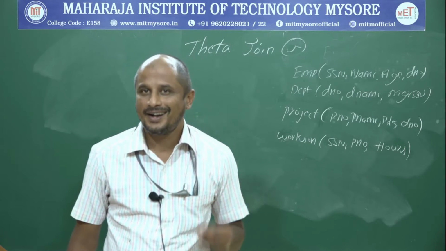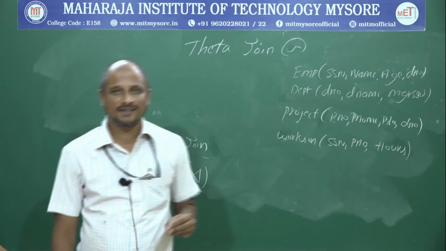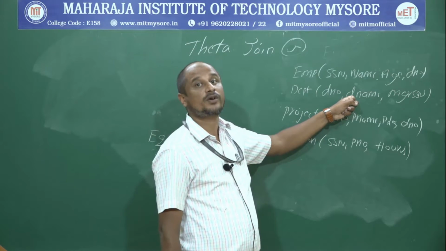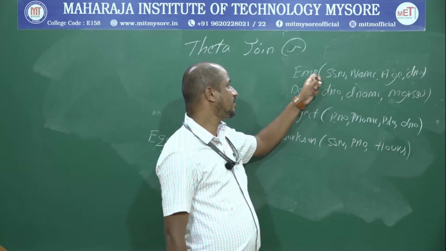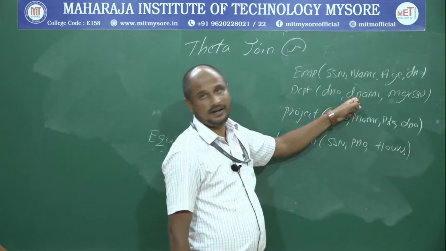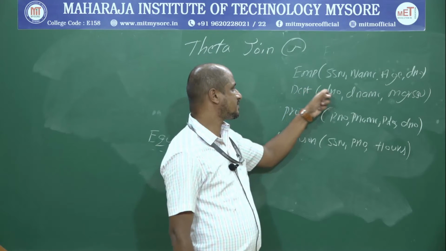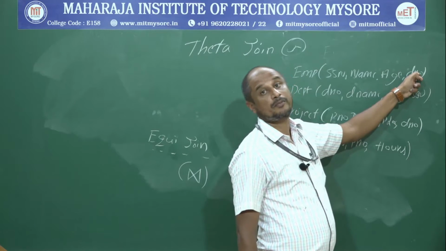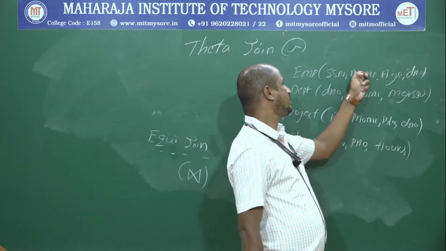The condition is on D name, ISC. So I want to utilize the D number primary key joined with the foreign key of employee, the department number, to retrieve the employee name.